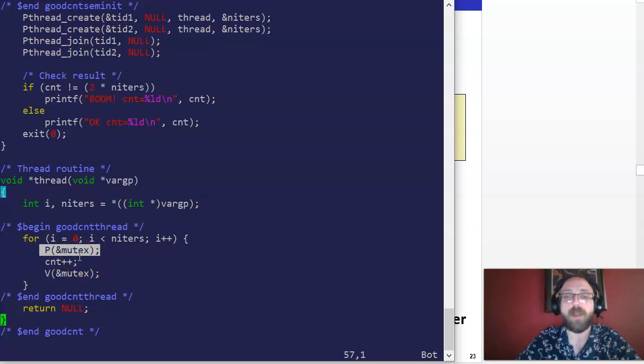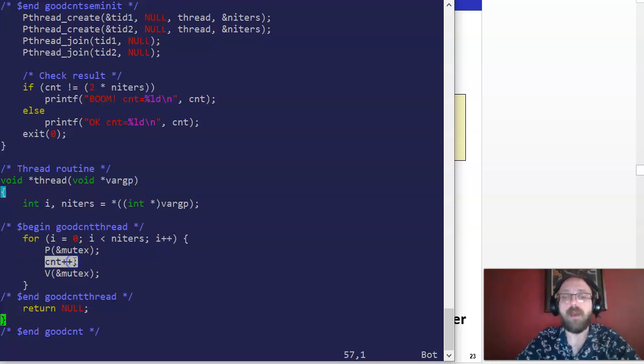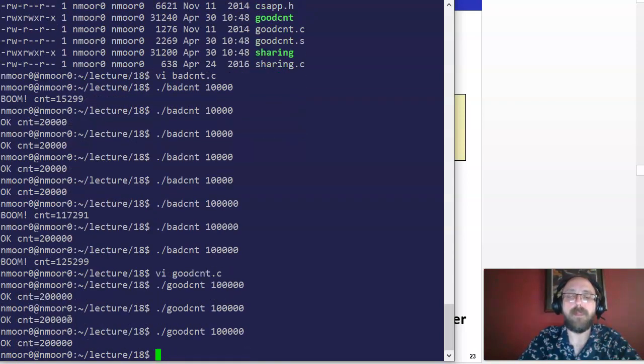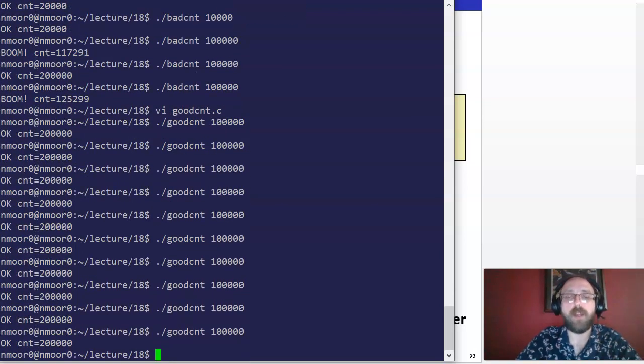The mutex is already locked. So only when that first thread unlocks the mutex does the second thread finish this call to P and increment the count. And if we run this program, no matter how many times I run it, it's always going to tell me okay. There aren't any situations here where I could end up incrementing the variable the wrong number of times.